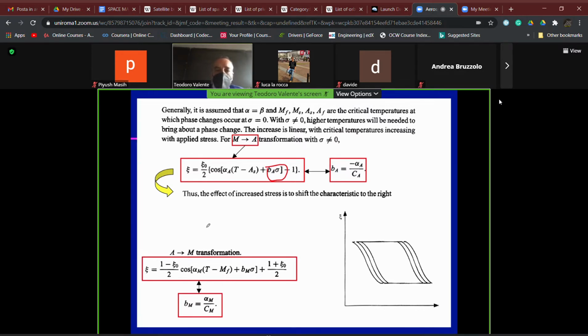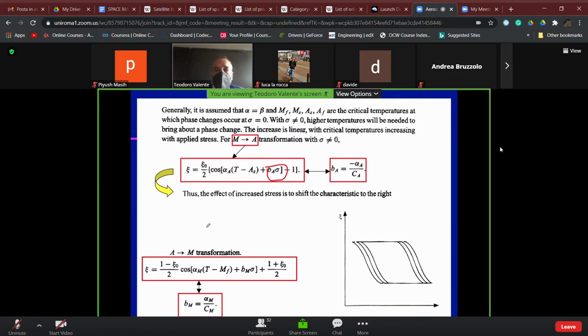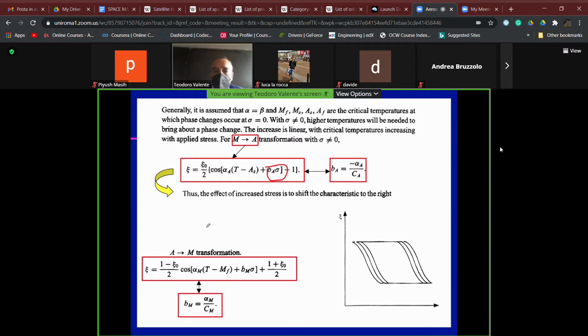And we can define, in this case, the Ba coefficient multiplying the stress, which is given by the ratio with minus alpha A, we already defined last time this term, divided by the slope Ca.